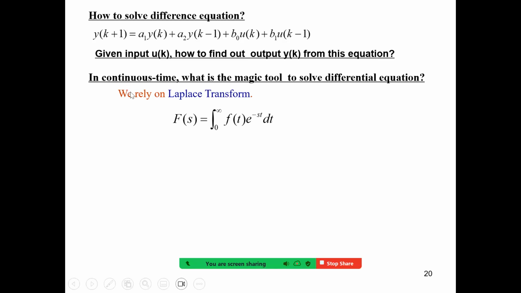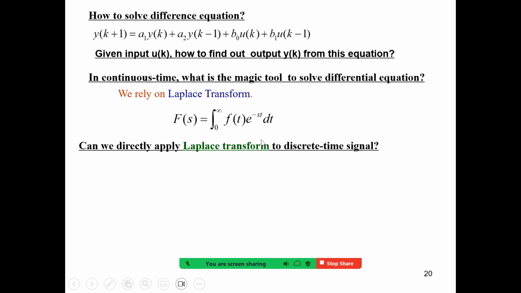All the table is computed by this formula. But for discrete time signal, can we directly apply the Laplace transform? You look at this, you need the information at all times, from 0 to infinity. But for discrete time signal, you only have the information at the sampling instants. So therefore, we cannot directly apply it.